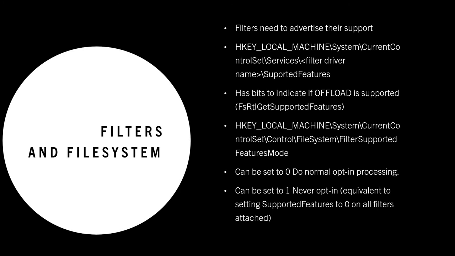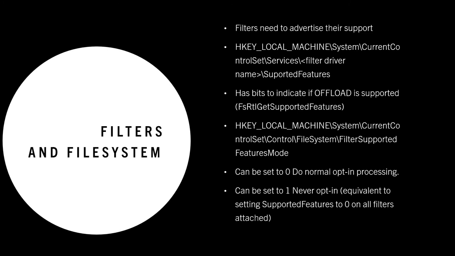Like I mentioned before, filters need to advertise their support. There's a key in the registry that's per filter called SupportedFeatures. It has bits to indicate if offload is supported, and the API is FsRtlGetSupportedFeatures. That is what the system uses to check the supported features, and there's more information about the feature bits in that API since it's documented.